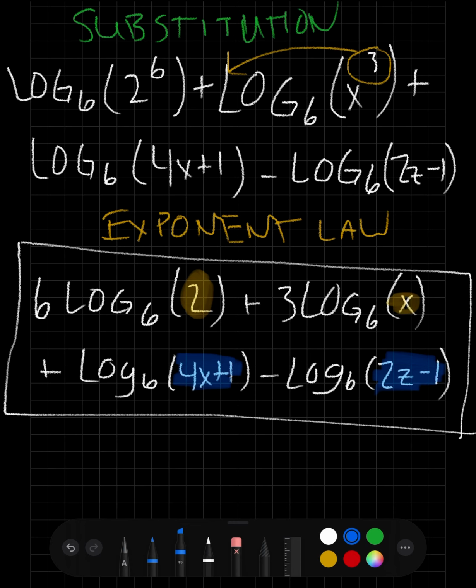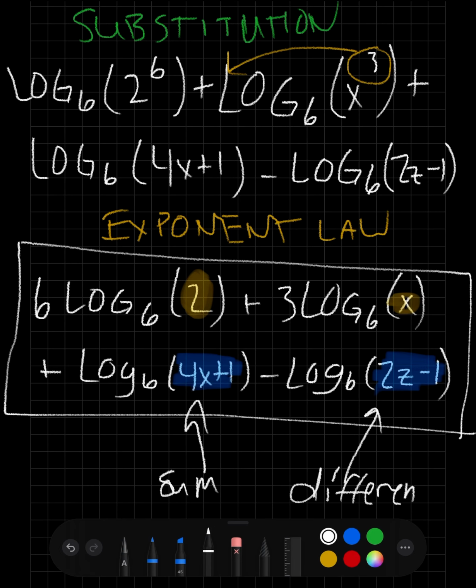And your answer is no, you can't. Even though this argument is more complicated than what I highlighted in yellow, remember the laws we have: exponent law, product law, and quotient law. But what do we have here? We have a sum, and here we have a difference.